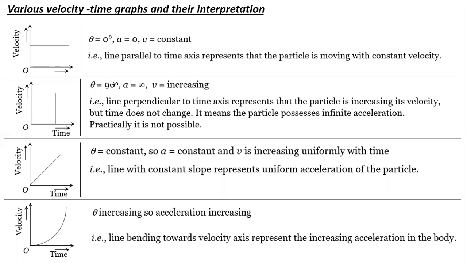Someone has typed it as non-uniform increasing acceleration. When I say non-uniform increasing, it is actually interpreting that the increasing rate is non-uniform. So I cannot comment that way. Okay, sir.